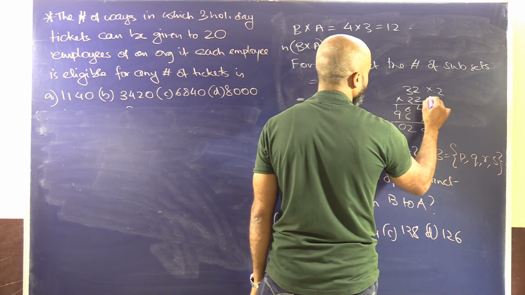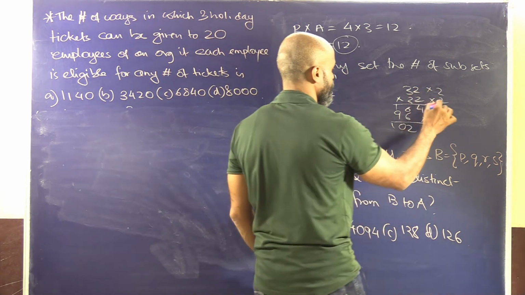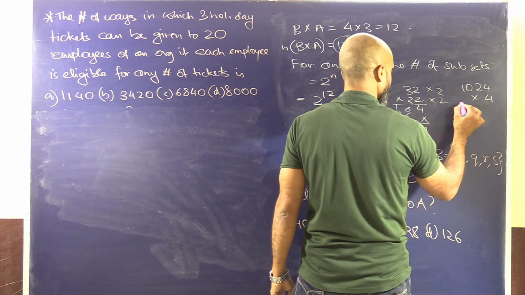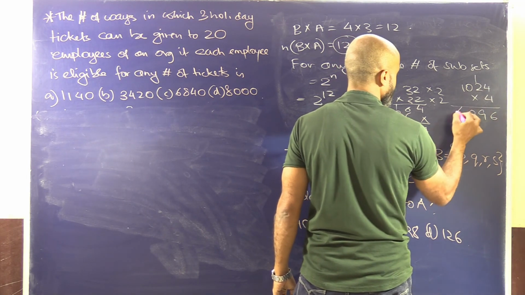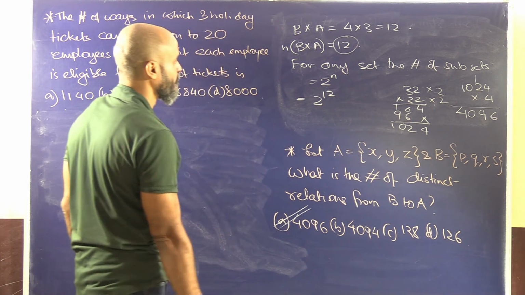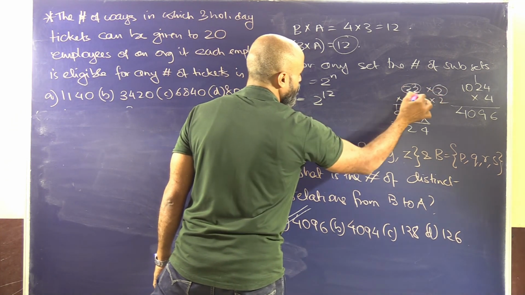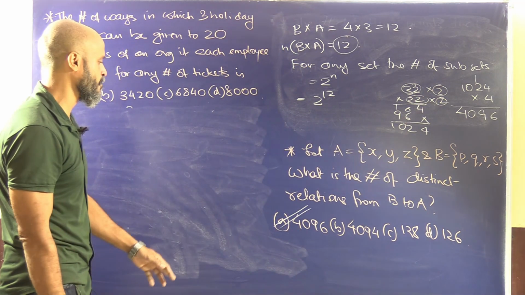Yes, 2 to the power of 6 will be 64. I am so sorry. I was taking 2 to the power of 5 as 32. So this will be 64 into 64, basically 1024 into 4, and that is 4096. Yes, this will be 4096.